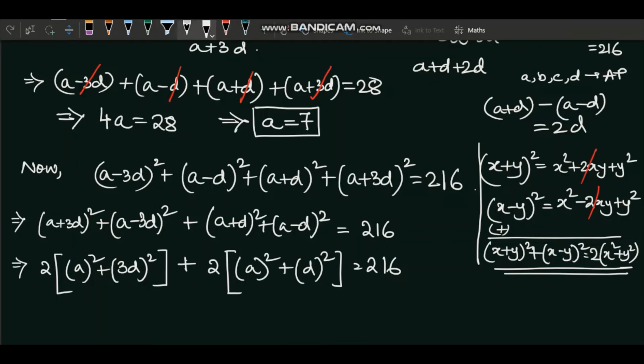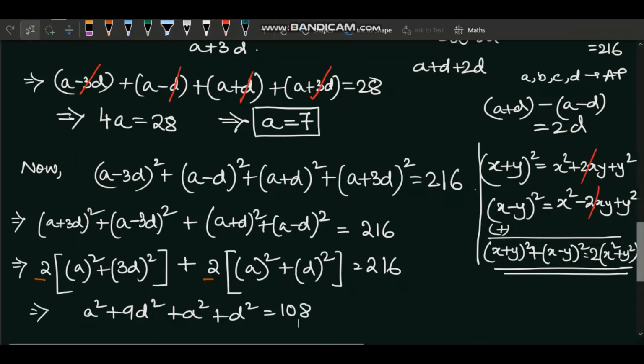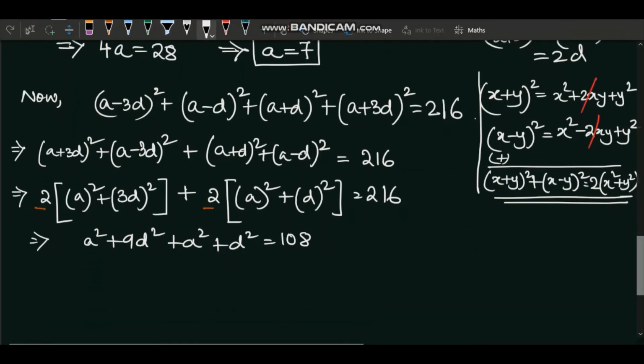Also we can factorize this further. We take 2 common, and we have a square plus 9d square plus a square plus d square equals 108, because half of 216 is obviously 108. Again we can take 2 common. You see we are getting 2a square plus 10d square equals 108.